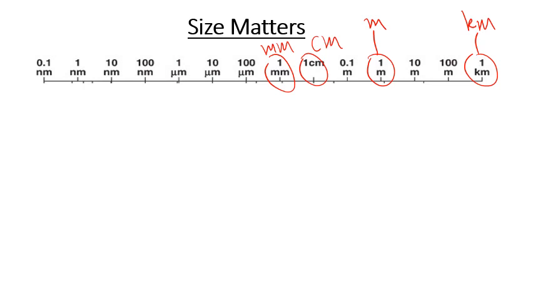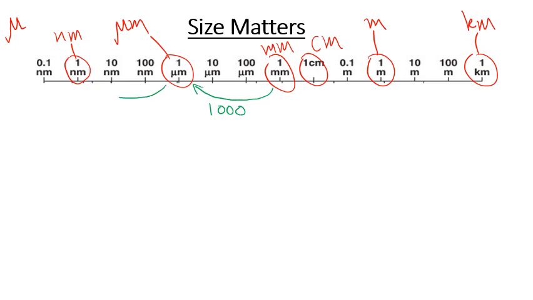So we want to get used to measuring in micrometers, which uses the Greek letter mu, which is that symbol there, and nanometers, which is nm. So if we're considering a millimeter, there are 1,000 micrometers in a millimeter, and there are 1,000 nanometers in a micrometer.